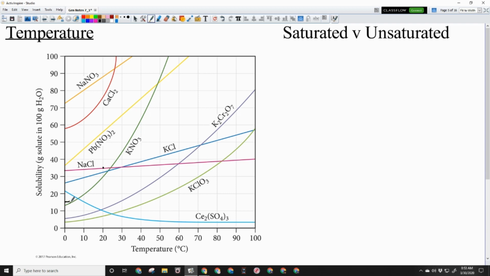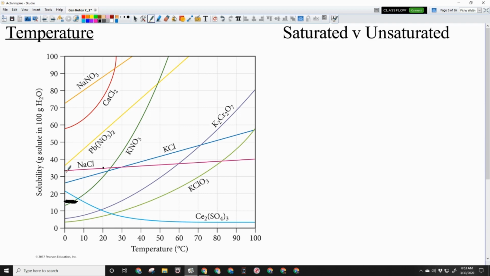So right here. Well, there's a word for that, and that's called unsaturated. So anything that falls below this line is unsaturated. That means that in this water, it could dissolve more sodium chloride, but we didn't put that much in there. We only put 15 grams of sodium chloride.